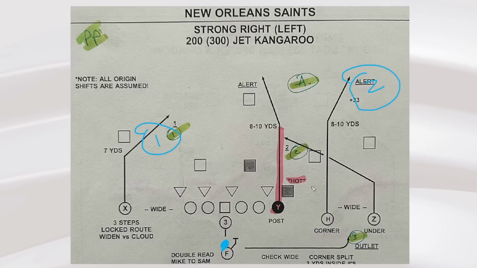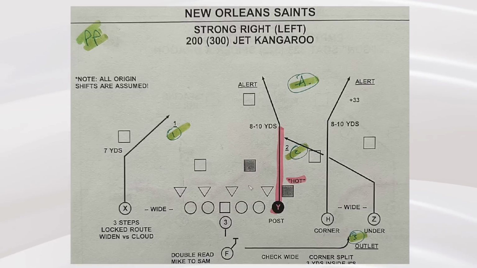It's a hell of a play. You don't see it a whole lot anymore. It's a great 7-on-7 beater as we get into 7-on-7 season, but you can see here just the mechanics of this thing. Simple, full field, pure progression, pass pro-wise. But man, Josh Allen making it look easy to the corner alert.